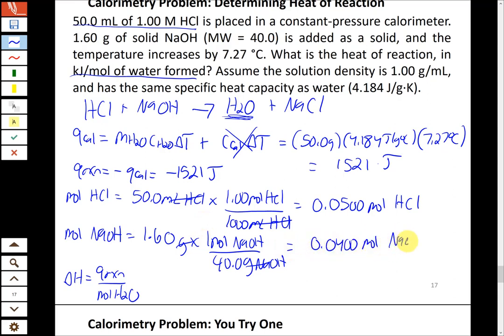So technically this is a limiting reagent problem because we have amounts of both reactants, HCl and NaOH. This one we can do in our head because all the coefficients are 1. So this number is smaller, so that's going to be our limiting reactant. There's fewer moles of that. They all have coefficients of 1. So if we have 0.04 moles of NaOH, we're going to also form 0.04 moles of water. Okay? This is a 1-to-1 reaction, so whichever one of these is smaller is going to limit how much product is formed. 0.04, that's going to be the amount of water that we get.